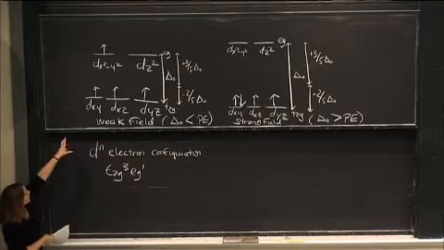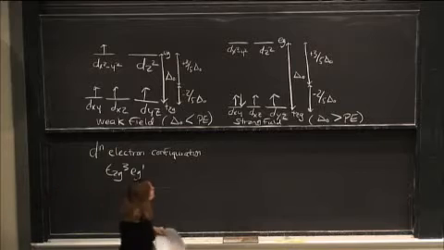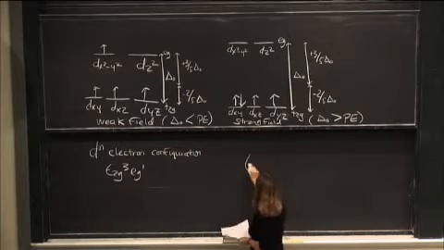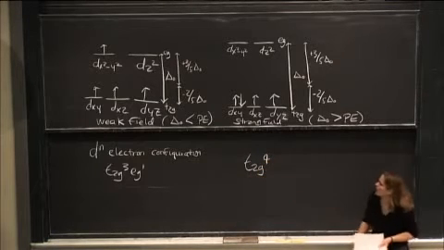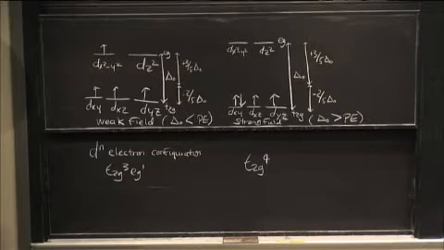So that is our electron configuration for this weak field case. And for the strong field case, we didn't put any up in the eg, so we just have t2g with 4 electrons in that set of orbitals.